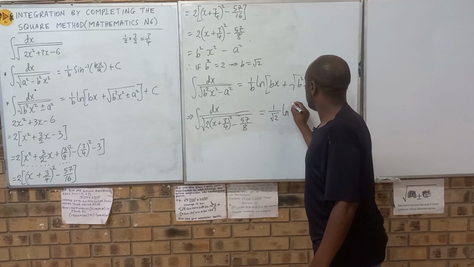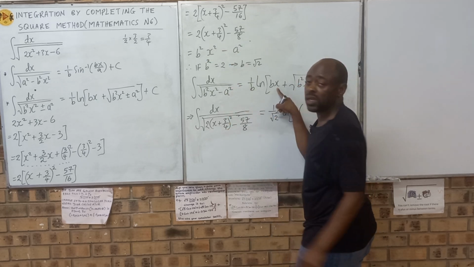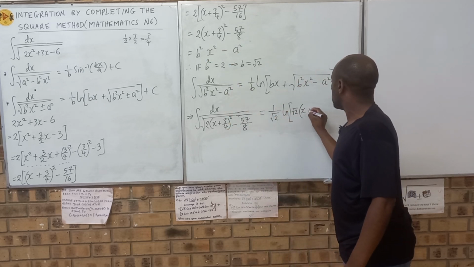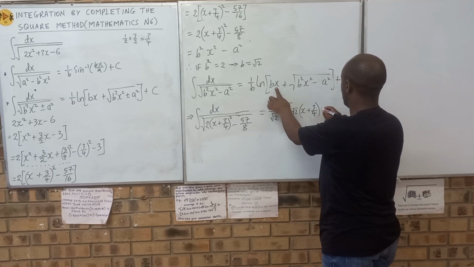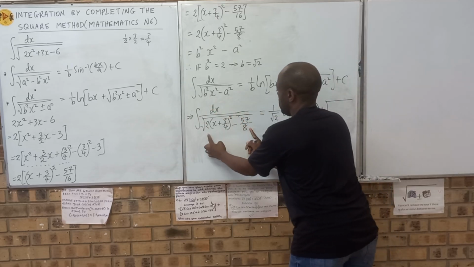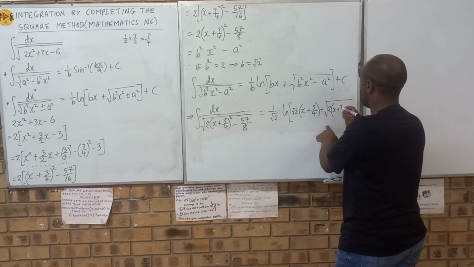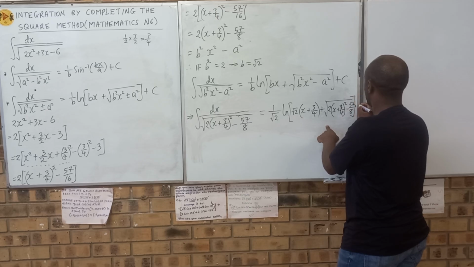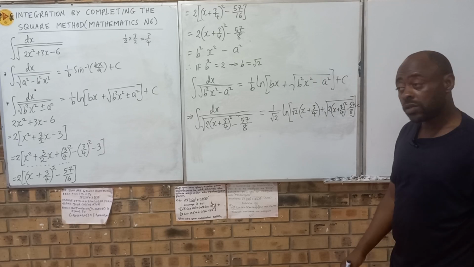Then the mean of b again is 2, times x, I'm using x plus 3 over 4, x plus 3 over 4. This time, there's another square, then plus the square root of whatever I'm writing, 57 over 8. And I close my bracket and I put a plus c. So this is how easy it looks.